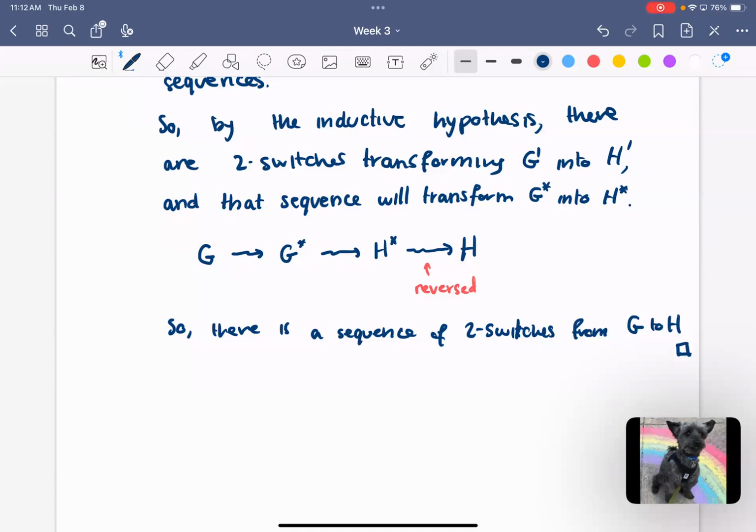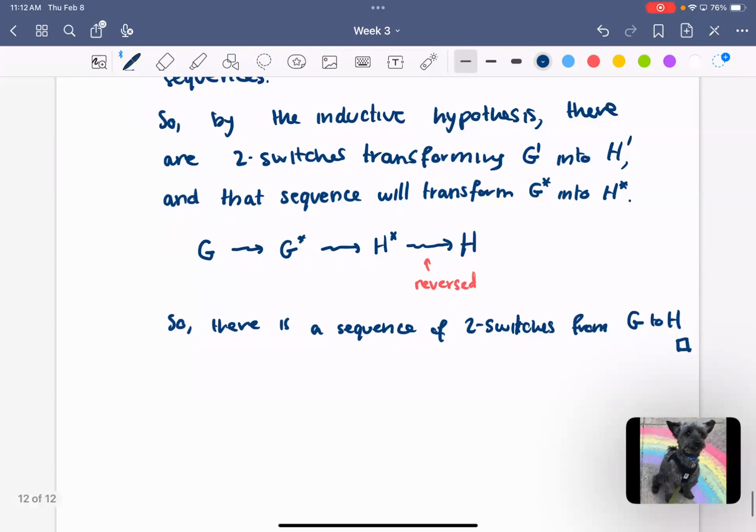Okay, so now we're going to switch gears and talk about the next mini topic for this lecture, which is directed graphs.